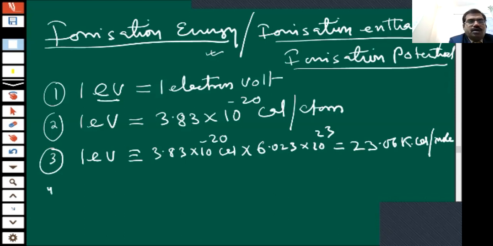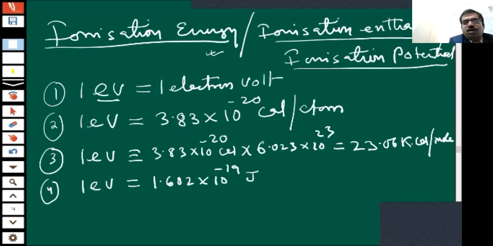Okay, children, and same way 1 electron volt also means, in form of joule, 1.602 into 10 to the power minus 19 joule per atom.